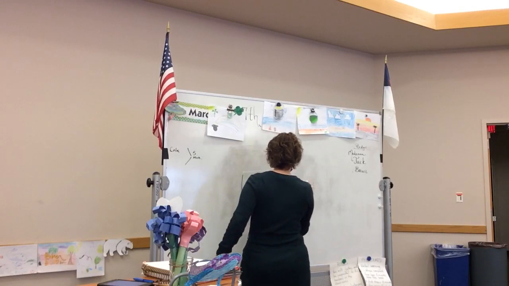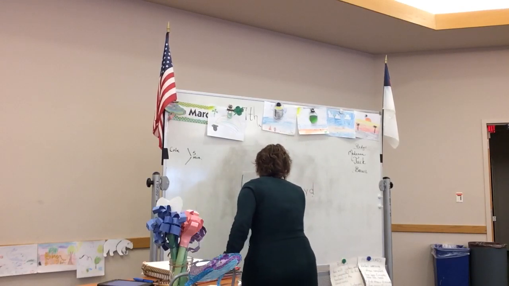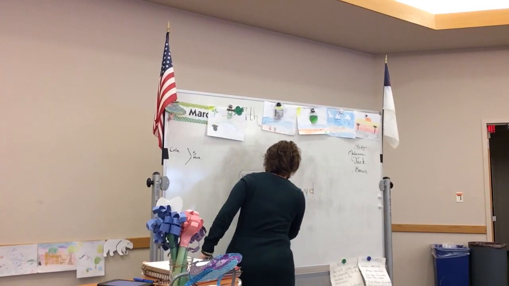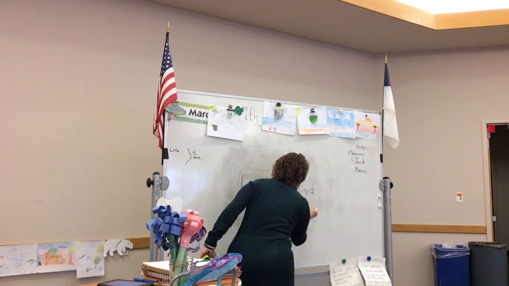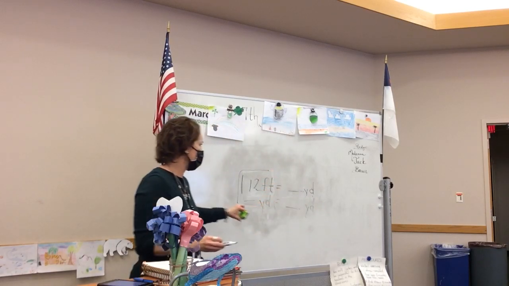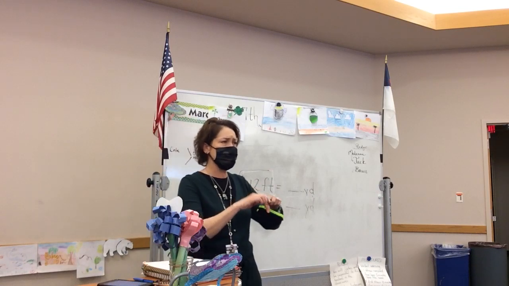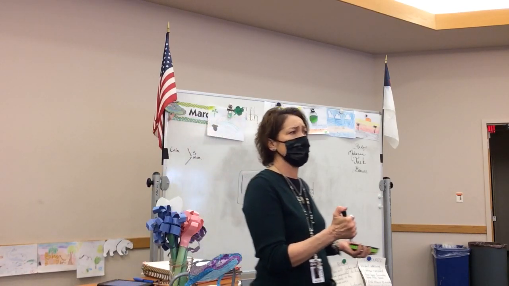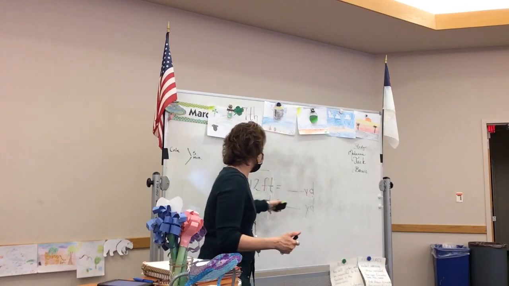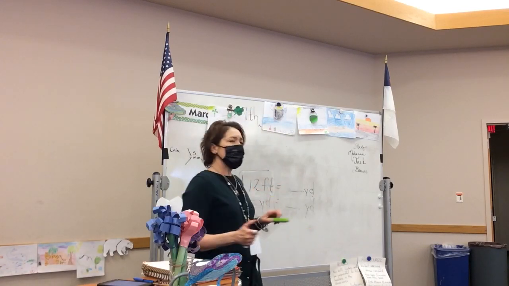We don't know. So therefore, this goes under here. Put it in the box. This is what we need to figure out. We are finding out the measurement of yards. And then you go through and do the whole process. Small to large, large to small. Figure out the mathematical equation, and then fill in the spots.